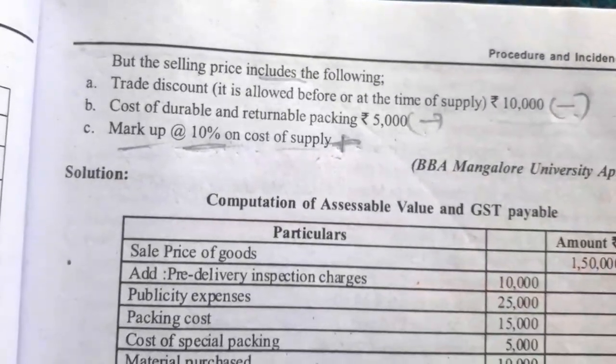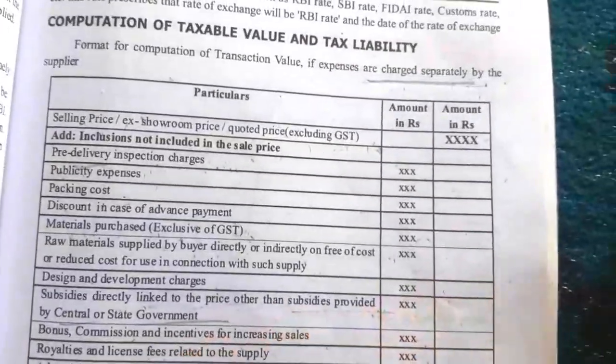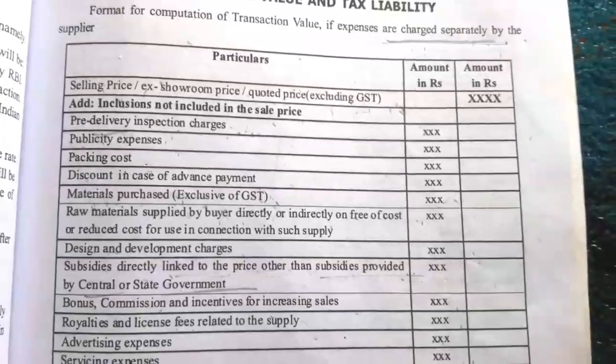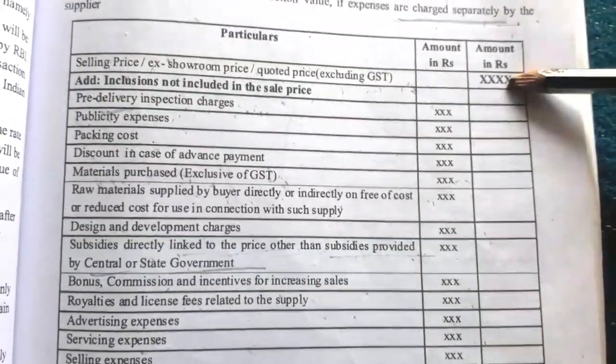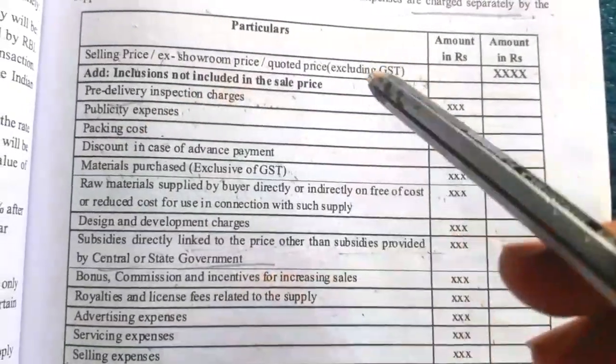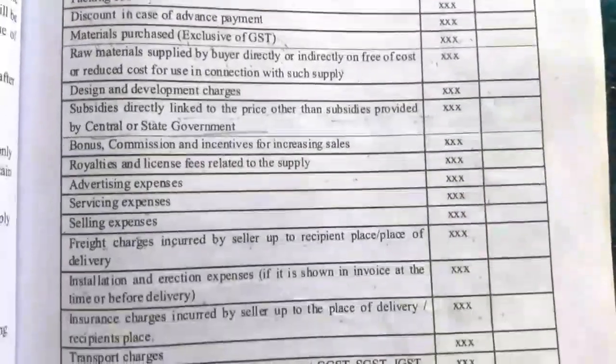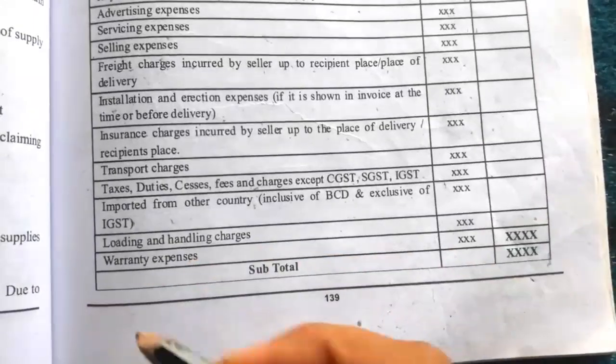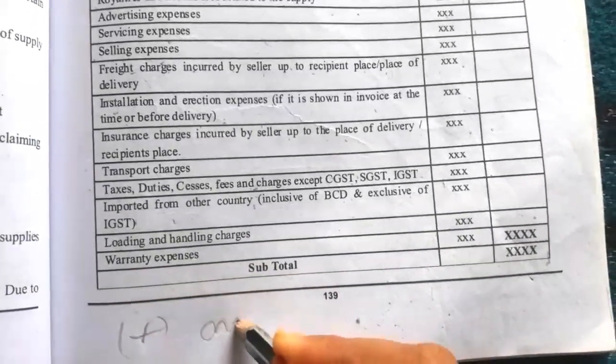Now see that format, already given here, the taxable value, transaction value computation format. First we have to take the selling price. After that we have to add any inclusions which are not included in the selling price. Next, on this total we have to add markup, if there is any.